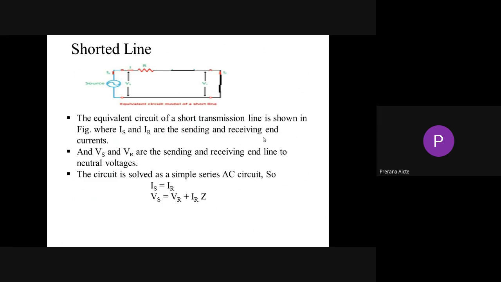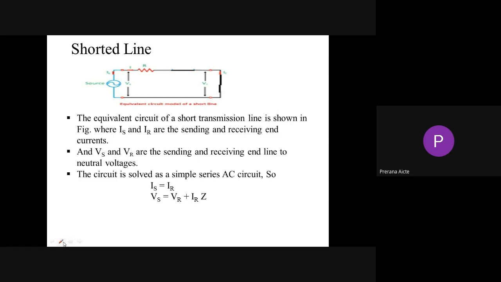So the equivalent circuit of a shorted transmission line. Now the shorted transmission line is shown in the figure, where I of S and I of R are the sending and receiving end currents.